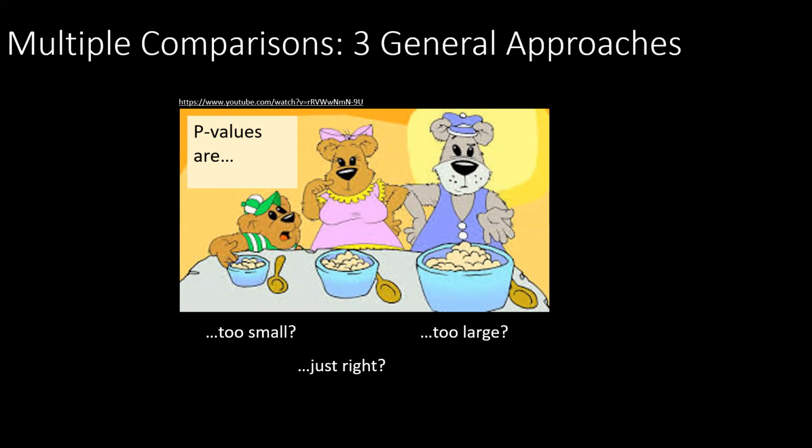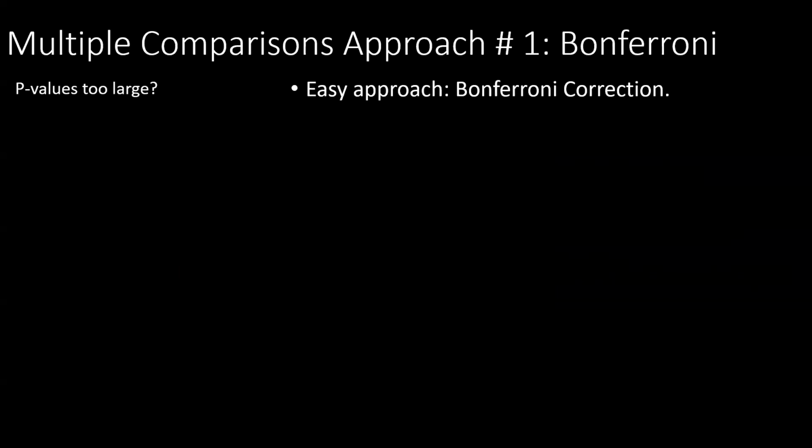And as you can see from the debate that we just had, there is a lot of disagreement about where to calibrate that. So in general, folks are worried about p-values being too large when they use this first approach, which is the Bonferroni correction. And the reason why is because it tends to overcorrect, even if you're a proponent of multiple comparisons corrections.